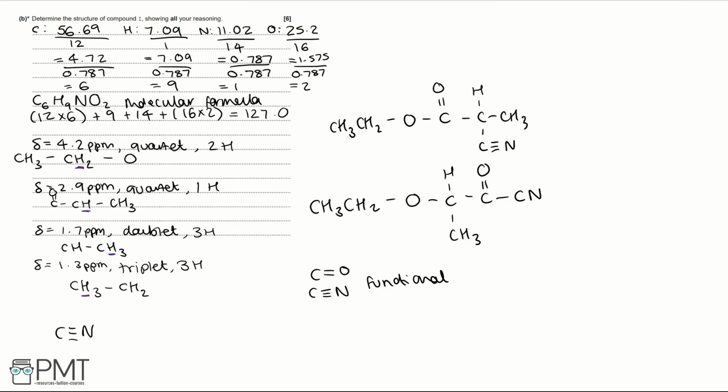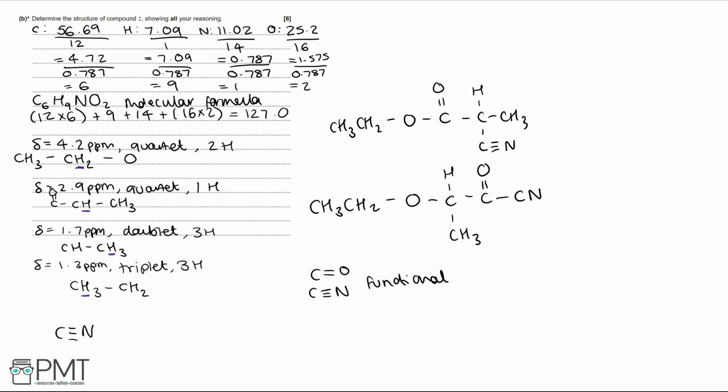And if there was an NH, so an amide or an amine, that would show up in the proton NMR spectrum. And there are only 4 proton environments, so we can't have an amine or an amide. We have to have this nitrile functional group.